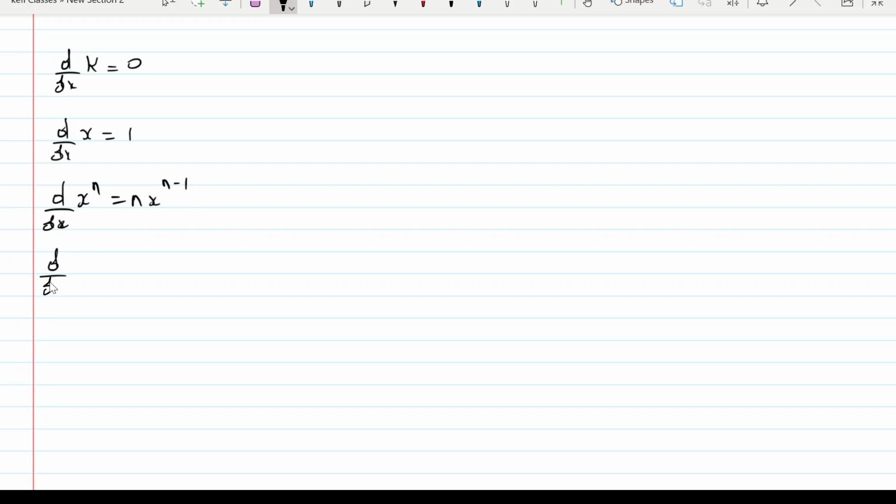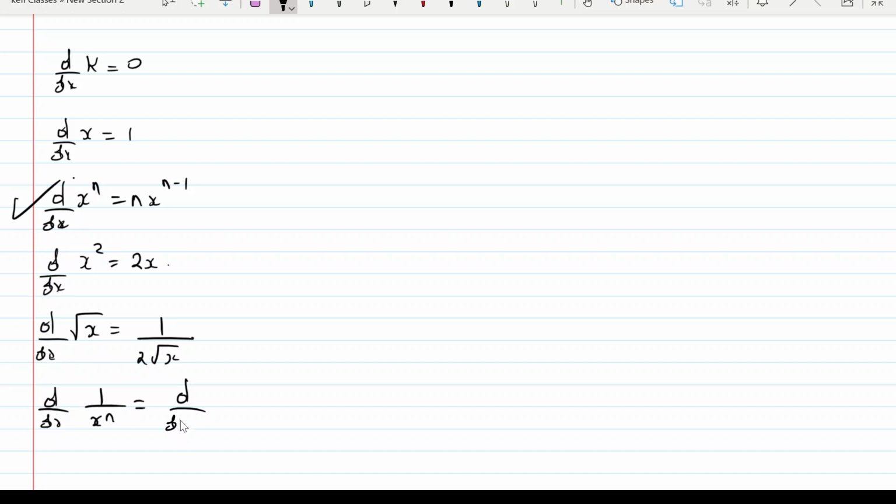So d by dx of x square will be equal to 2x from the above formula. D by dx of root x is equal to 1 upon 2 root x by using the same formula. Then you have d by dx of 1 upon x raised to n.